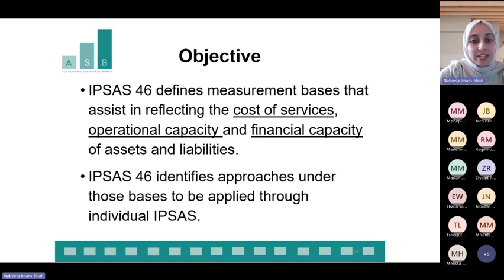IPSAS 46 also identifies approaches under those bases to be applied through individual IPSAS.